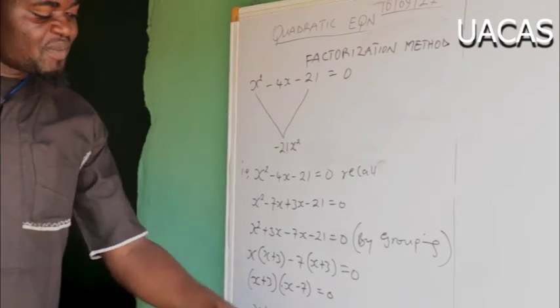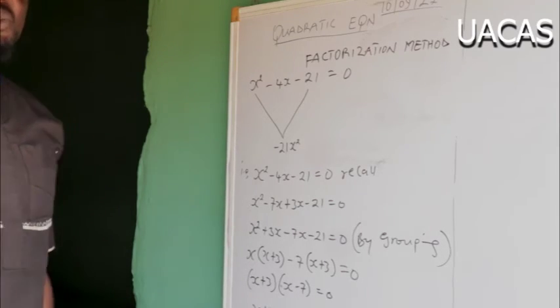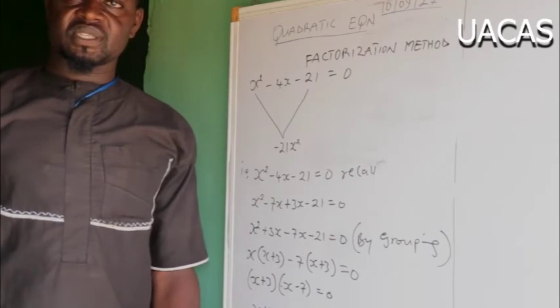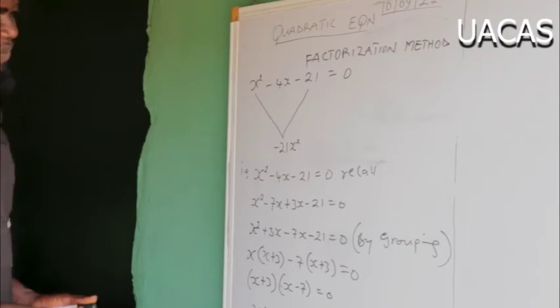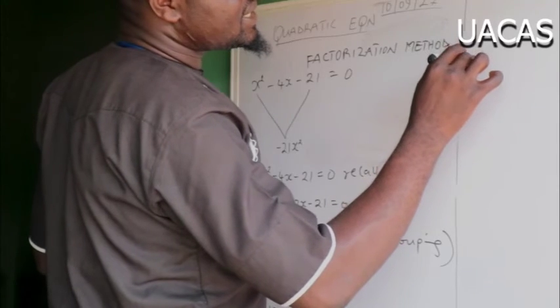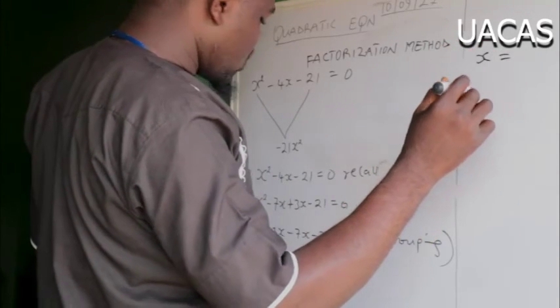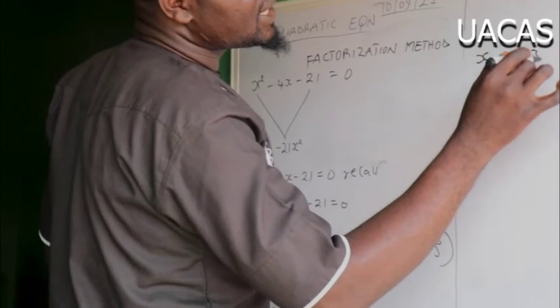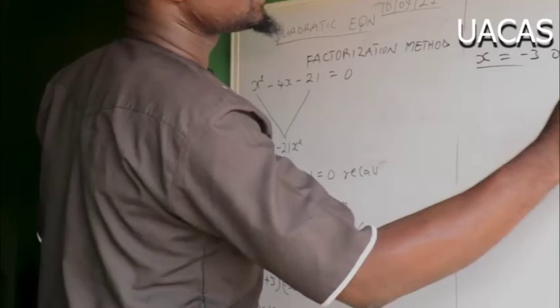We don't write plus 7, since if we do not indicate any sign, it's assumed to be plus. So what we have from that is x is equal to minus 3 or 7.